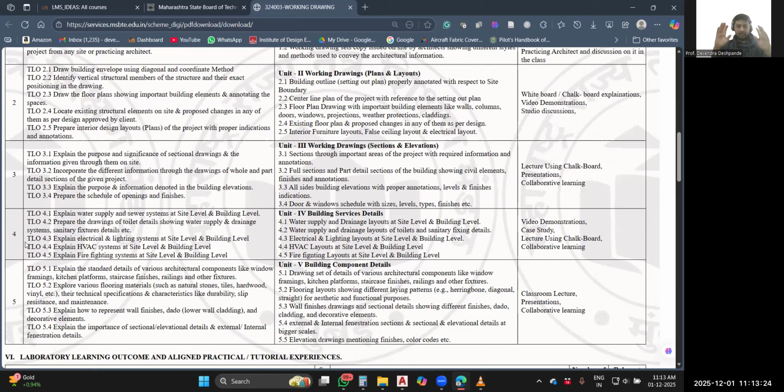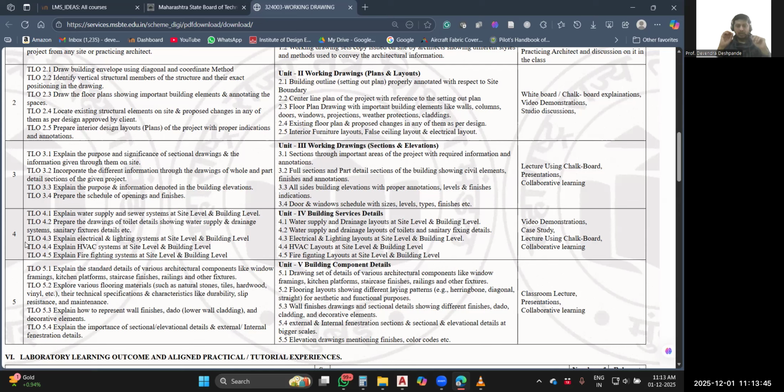The final chapter, which is unit 5, is for building component details. So the very first TLO for this unit is to explain the standard details of various architectural components like window frames, kitchen platforms, staircase finishes, railings, and other fixtures.